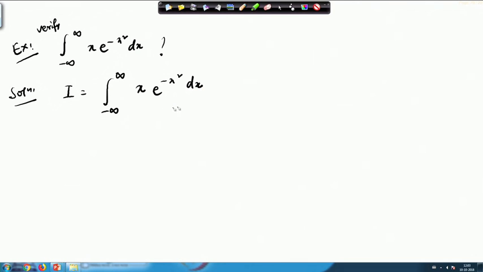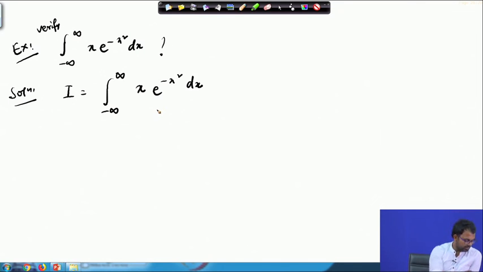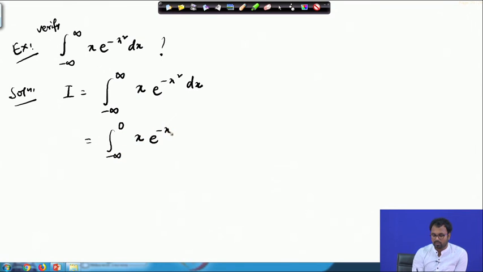Again, for this integrand, we basically choose any point between minus infinity and plus infinity, so that we can split this integral into two halves. So, I choose the integral from minus infinity to 0 of x e to the power minus x squared dx plus the integral from 0 to infinity of x e to the power minus x squared dx.